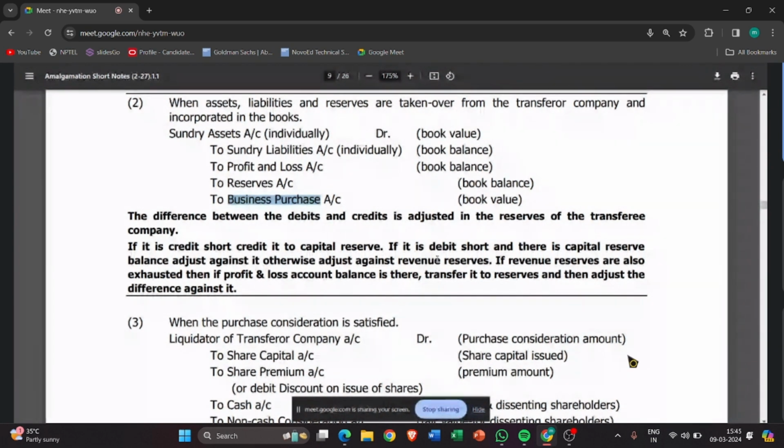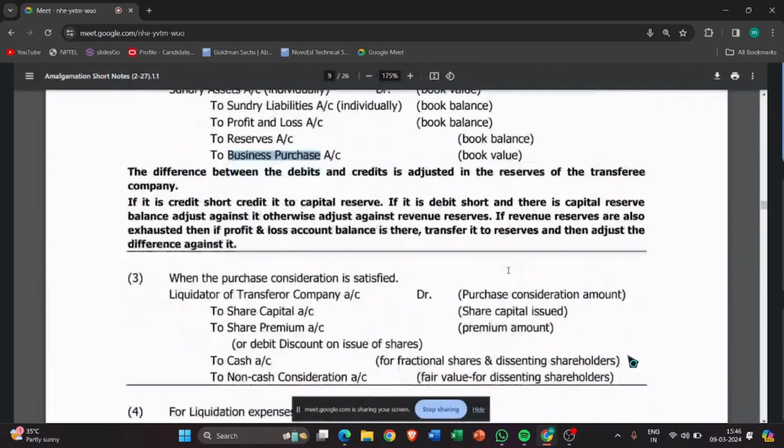So if the debit is short and there is a capital reserve balance, adjust it, otherwise against revenue reserves itself. You can write general reserve or capital reserve, both are correct.